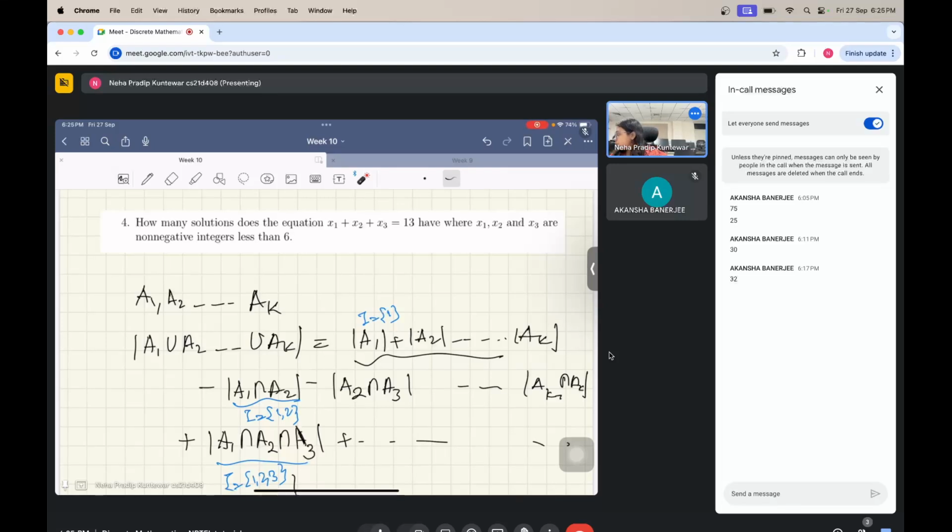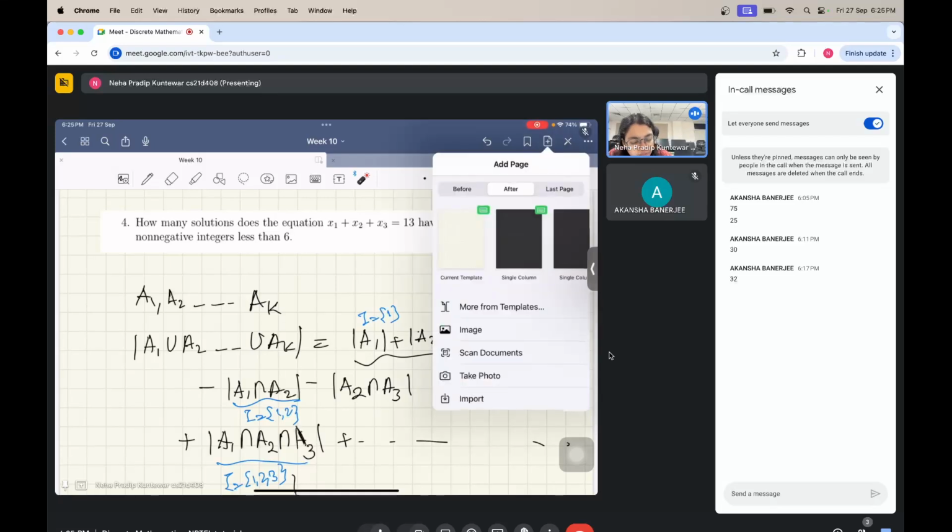Okay, let's try to solve this part by part.